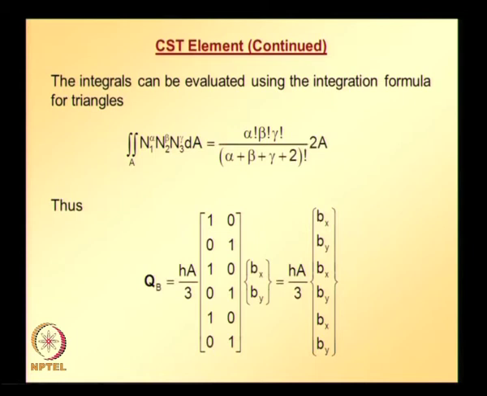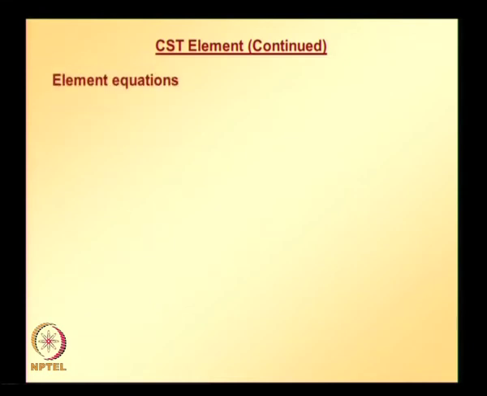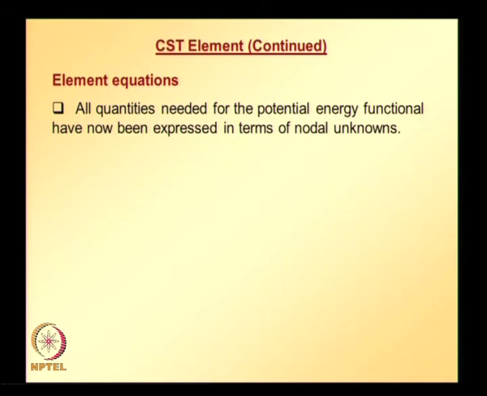So, we discussed how to calculate strain energy and how to calculate work done by various forces. So, we are ready to get element equations. All quantities needed for the potential energy functional have now been expressed in terms of nodal unknowns.